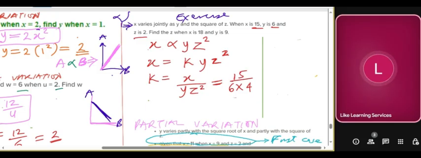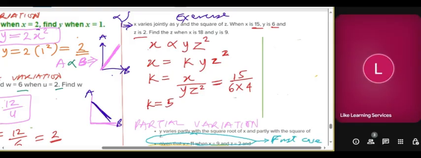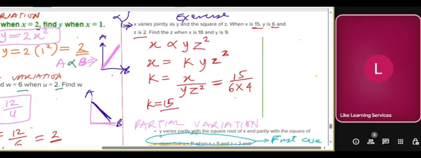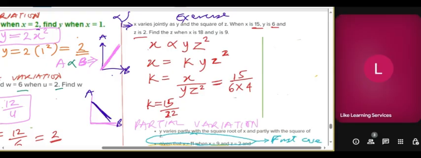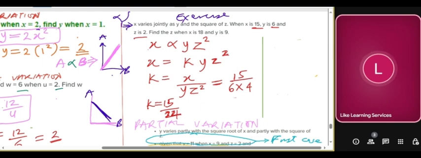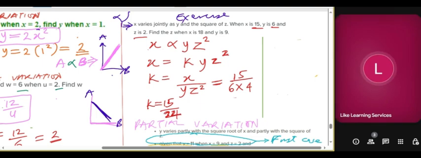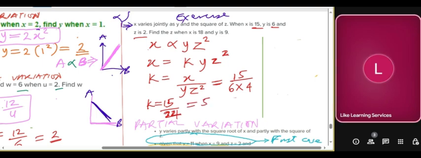Okay, so what does that give? k will be 15 over 24. Did you say 5 over 8? Yes, 5 over 8 when you reduce to the lowest terms. Divide both by 3. Okay, k is 5 over 8.